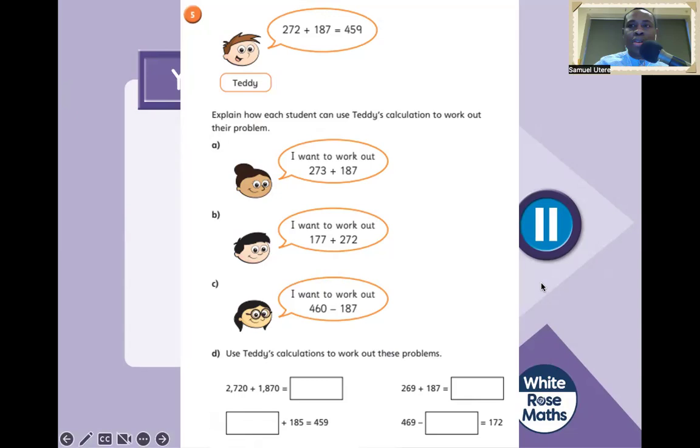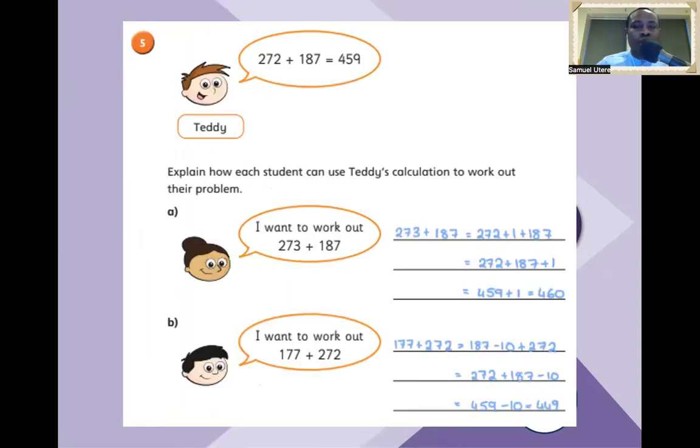Assuming you've paused the video and you've answered question 5, here are the answers. Let's discuss them. For question 5, A and B, you were given this calculation. You're asked to explain how each student can use this calculation to work out their problem. Of course, they can do it in different ways. You can see here that 273 is one more than 272, so the answer will simply be one more than 459.